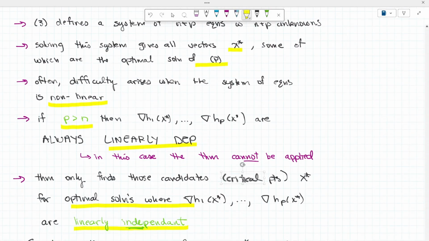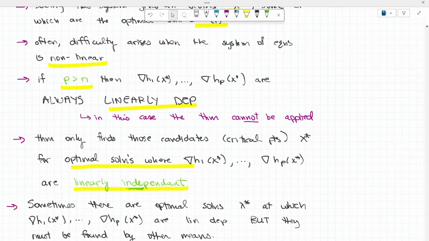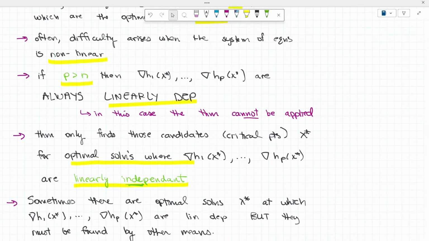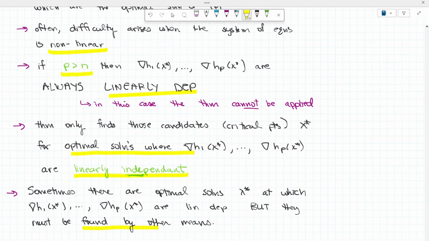So in order to use the Lagrange multiplier theorem, the gradients of our constraint functions must be linearly independent. That's not to say that there are no optimal solutions when you have linearly dependent constraint functions. However, you must find these solutions by other means, not using the Lagrange multiplier theorem.